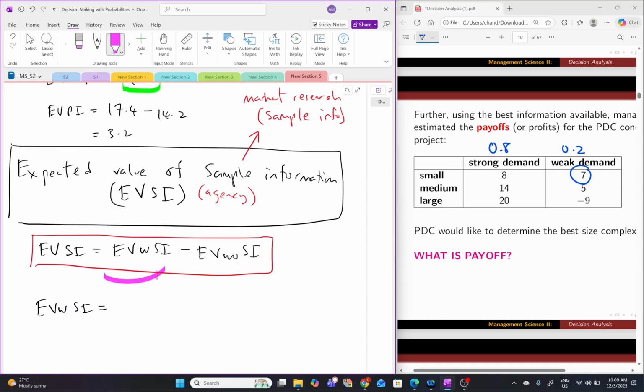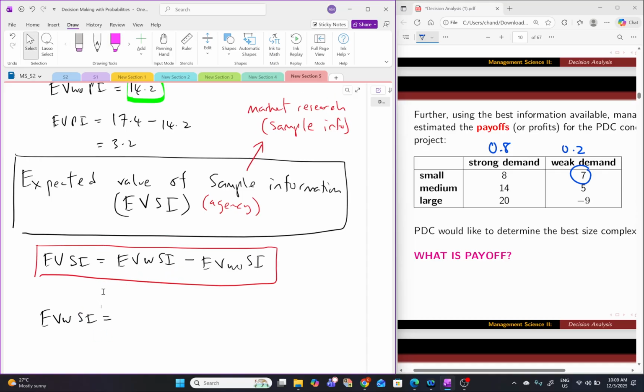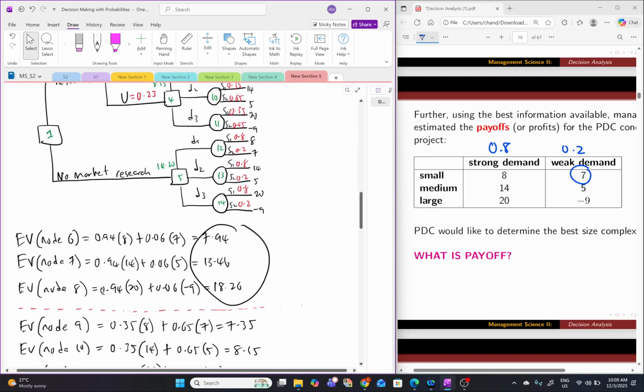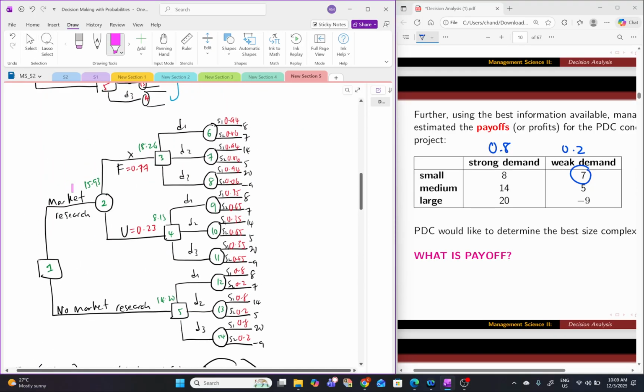Okey, yang ini kita dah kira dekat sini. Yang ini saya highlight warna pink. Tadi warna hijau kan? Yang ini warna pink.